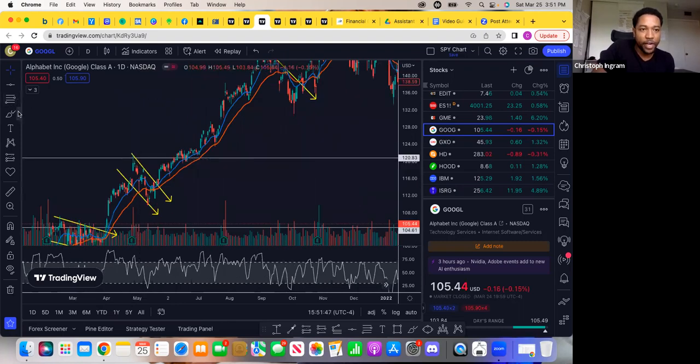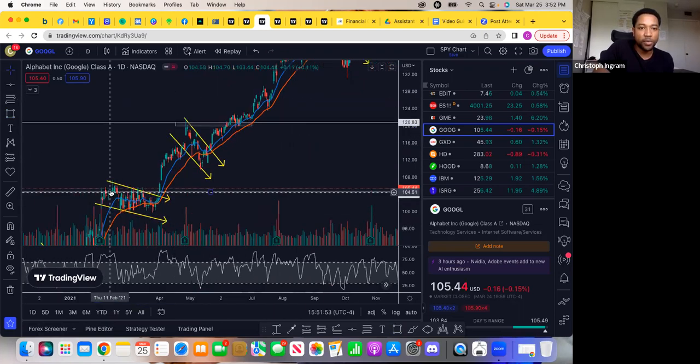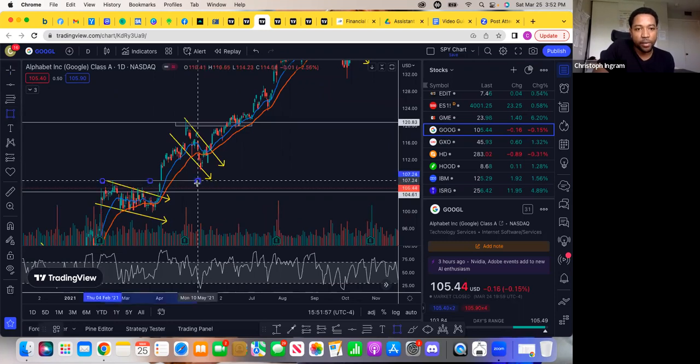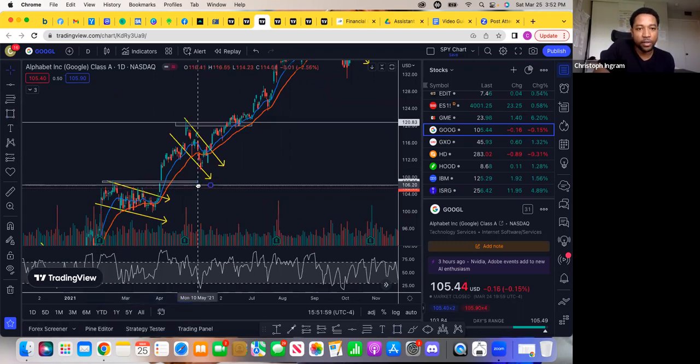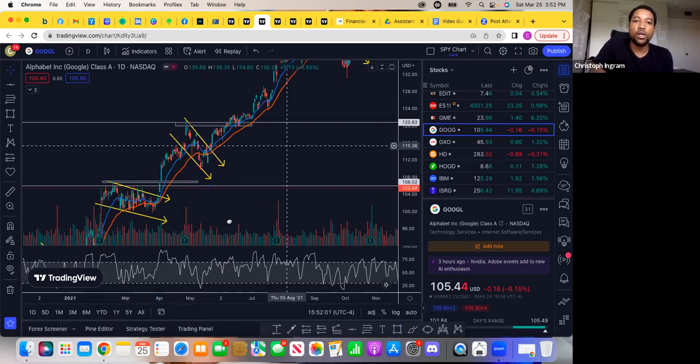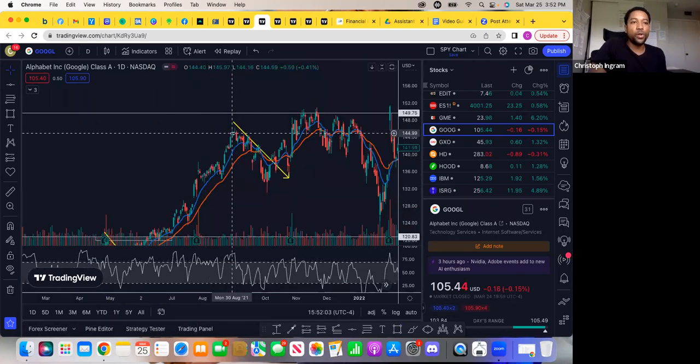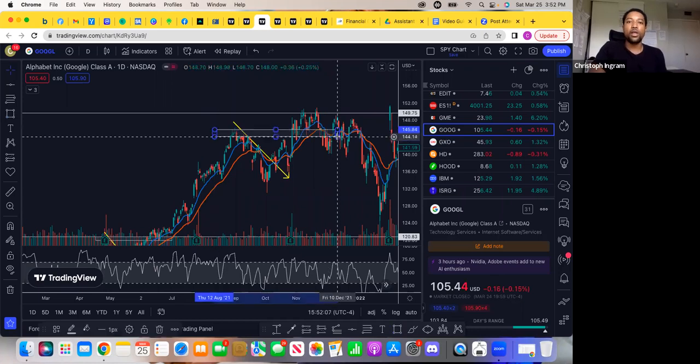In this example, if you entered on the break right here, this is where your target is going to be. If you enter this break, naturally, we should come back to at least the top right here, but this is a full breakout, so we continue. So this is the top of the pole. This is where the retest should come, right?